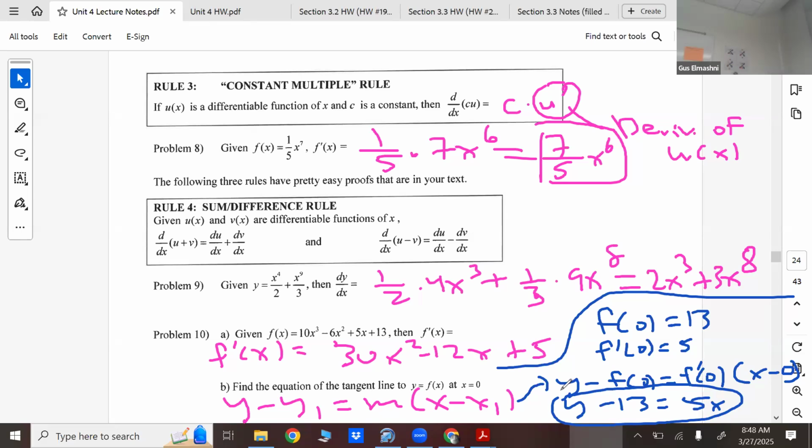And the y value is, of course, the y value plugging 0 in for x. So when you do equations of tangent lines, just lean on point slope form. It's way easier than rewriting it in slope intercept. Don't do slope intercept form. It doesn't have much of a place in this class, so don't really worry about it. You can if you want, but it's not necessary.